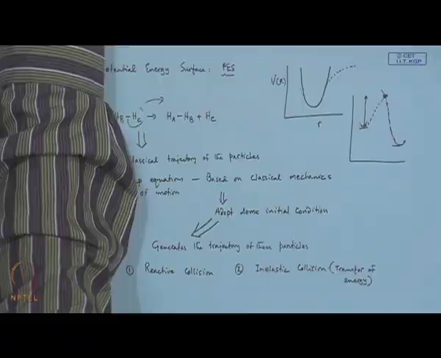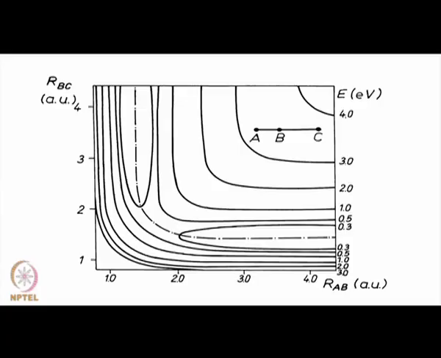And the two situations could be: one situation could be a reactive collision that leads to reaction, the other situation could be an inelastic collision. Now, this is a representation of your 3 atom system, like HA, HB and HC. This side is your energy.